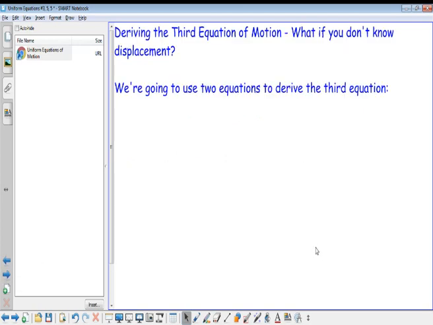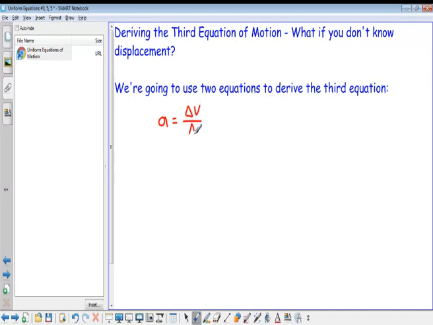So equation number 3. Equation number 3 is an equation we can use if we do not know the overall displacement of an object. In order to solve for equation number 3, we're going to use equation number 2 and the fact that change in velocity is final velocity minus initial velocity.